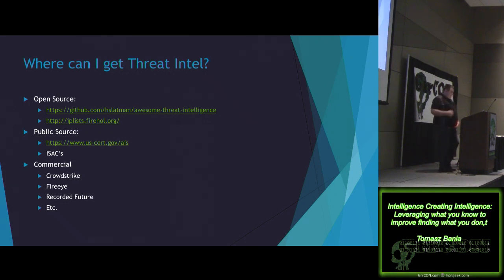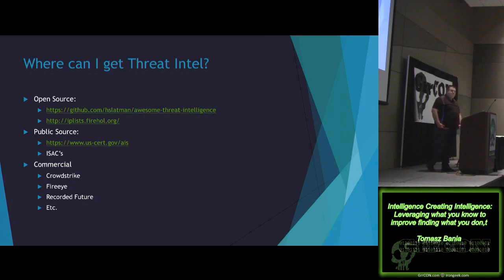The second category, as I mentioned, is public source. With public source, what I mean by that is it's information that you're going to gather from a closed community but is generally accessible to the public. The first one I've listed there is the US CERT AIS, which is their automated information sharing offering. It's an offering provided by the Department of Homeland Security, where the government and the private sector share threat intel.